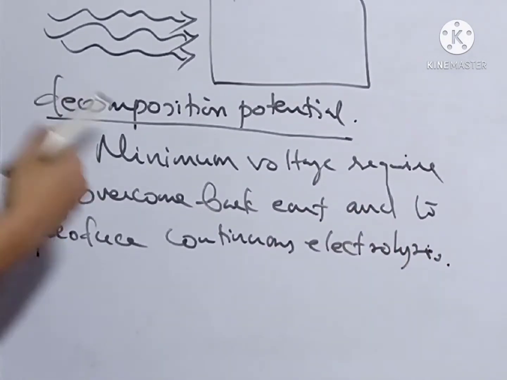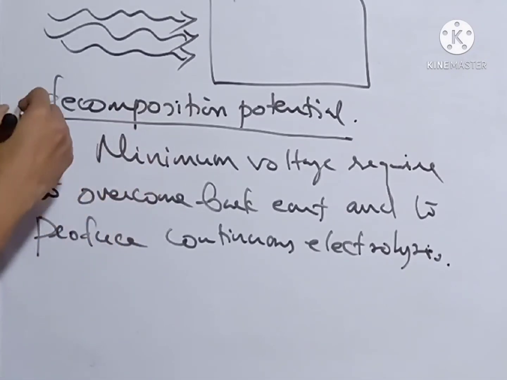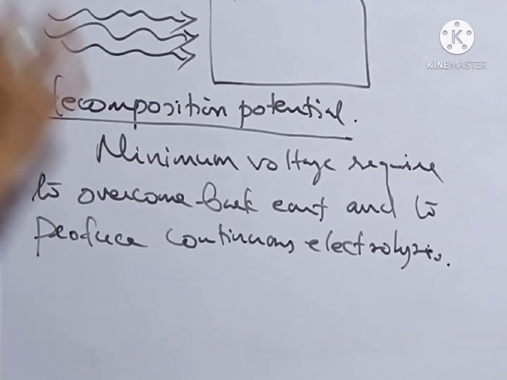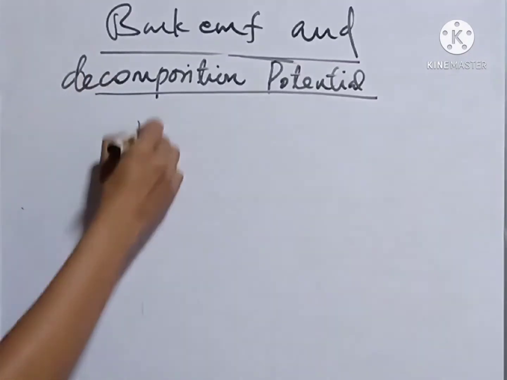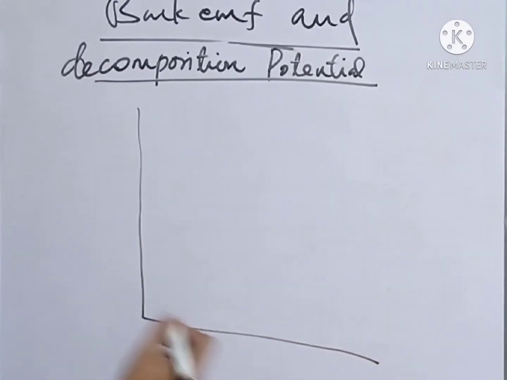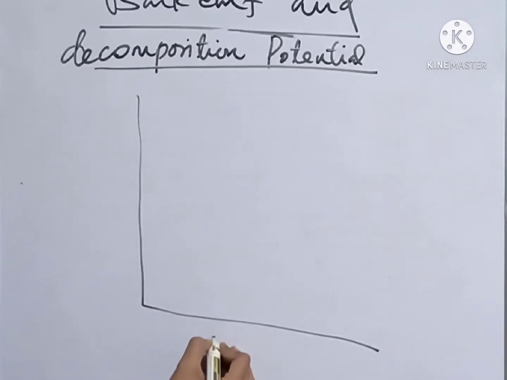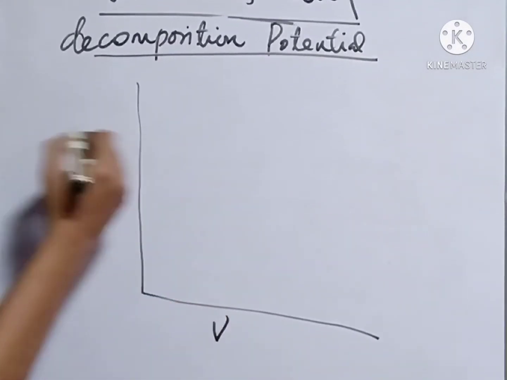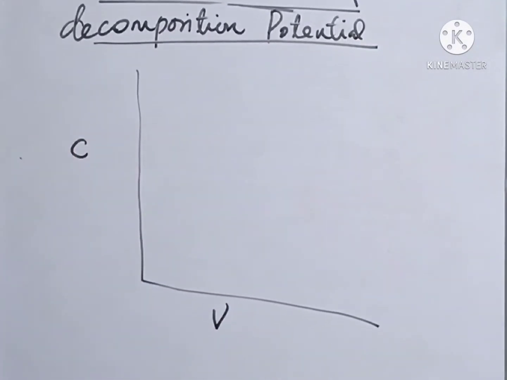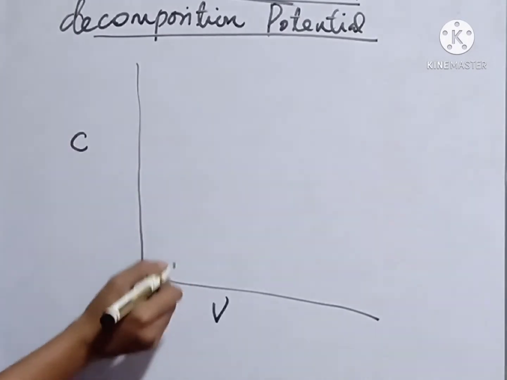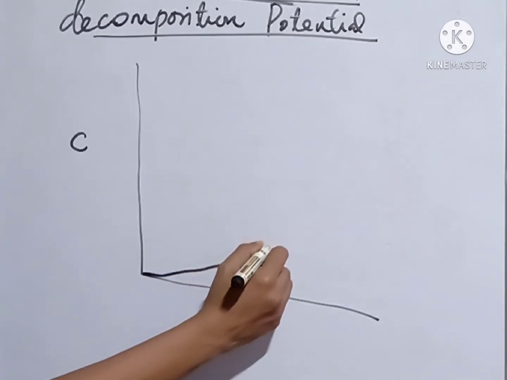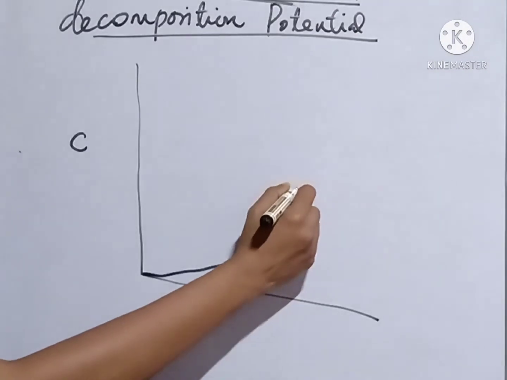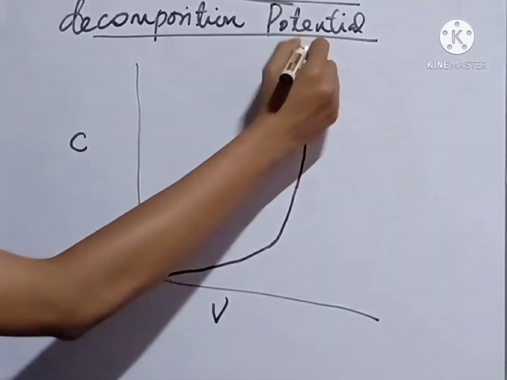Okay, and this decomposition potential can be calculated from the voltage current curve. By plotting a curve in which voltage is on the x-axis and the current is on the y-axis, we'll get a graph like this, and at a point the current will increase suddenly and we'll get a steep curve.